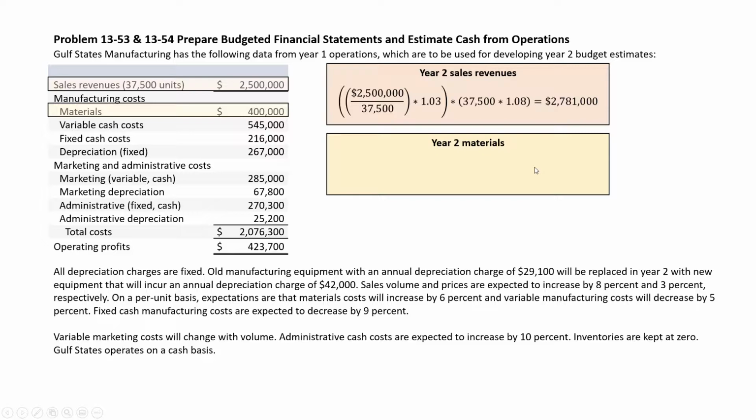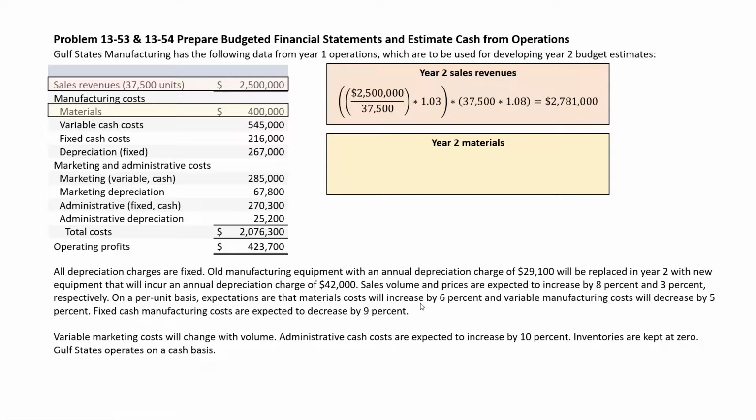But you might have gone back to the concepts of any variable cost: I expect it to change in proportion and in total based upon the sales volume changing, but I expect the per unit cost to stay the same. Well, that's only if nothing else in the scenario is changing the per unit cost. When I start to read through here, I do see that on a per unit basis, material cost per unit, not in total, is expected to increase by 6%.